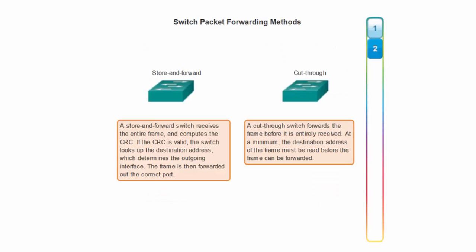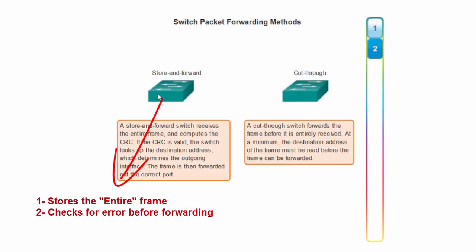The switch has two types of forwarding techniques that it can use. One forwarding type is called store and forward, and the other one is cut through. The difference between the two is as follows. Store and forward, when it receives the frame on one port, stores the entire frame inside the switch, and performs a complete error check on the frame before it forwards the frame on the output port.